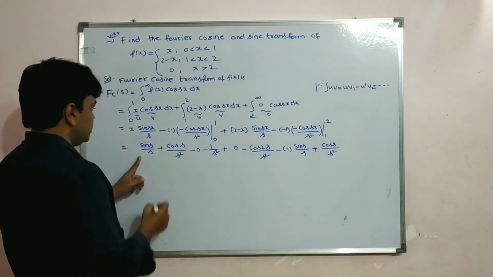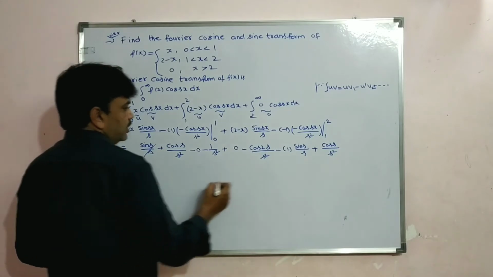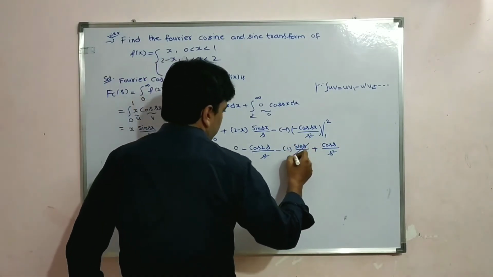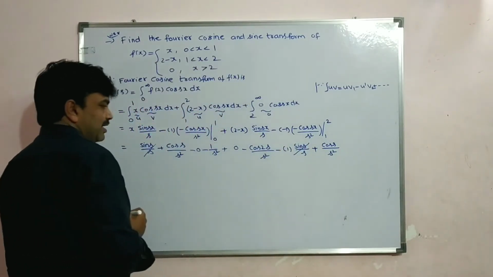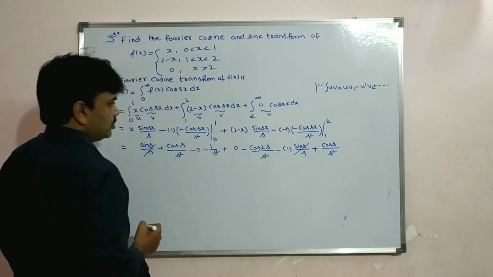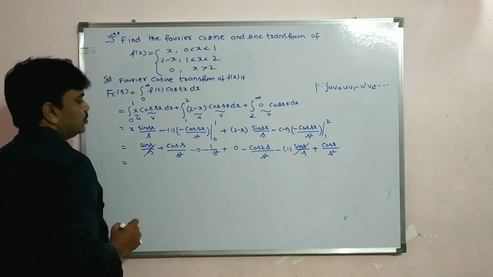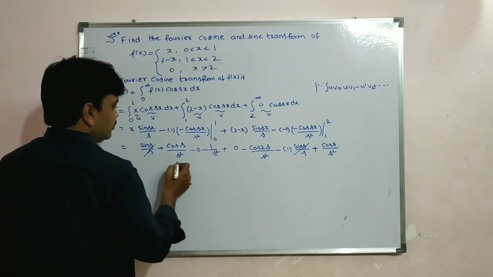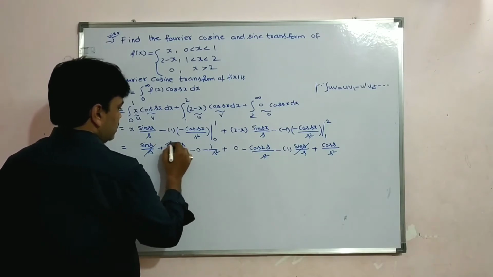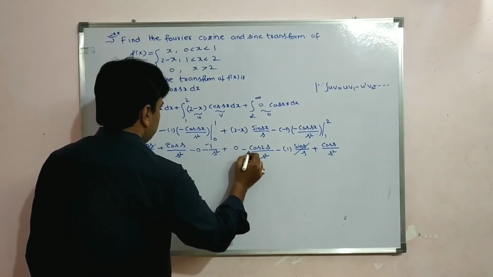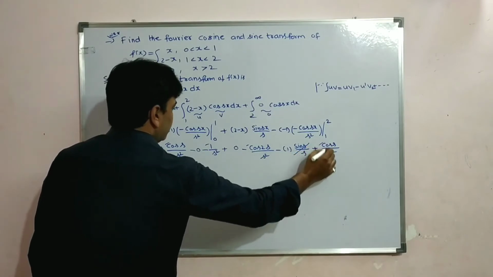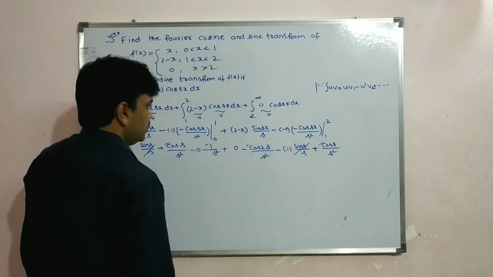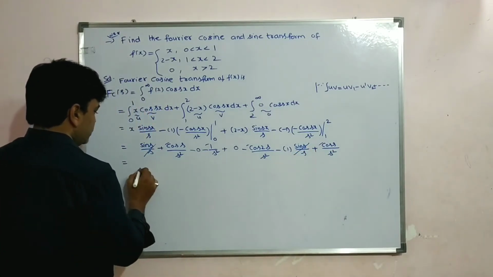Now see, students, here sin s by s and minus sin s by s cancel. So that is equal to 1 by s square, 1 by s square, 1 by s square and 1 by s square. So s square is common, students.